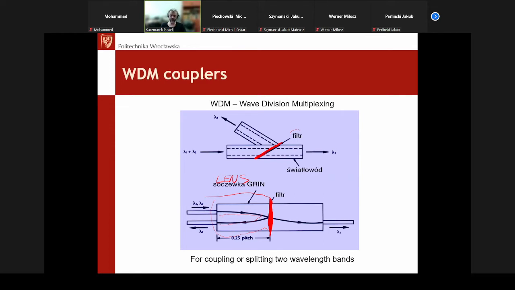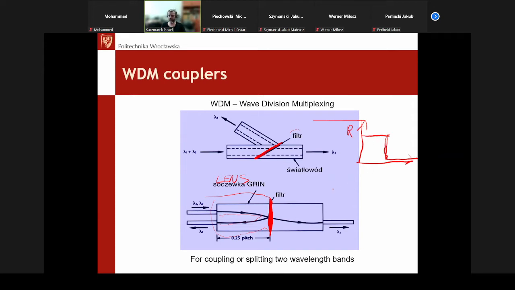They are quite useful devices for joining or splitting two different bands of wavelengths, because typically the characteristic is not as narrow as Bragg gratings, but they work more or less like low or high pass filters. So for example, this will be the reflection of such a layer for lower wavelengths.